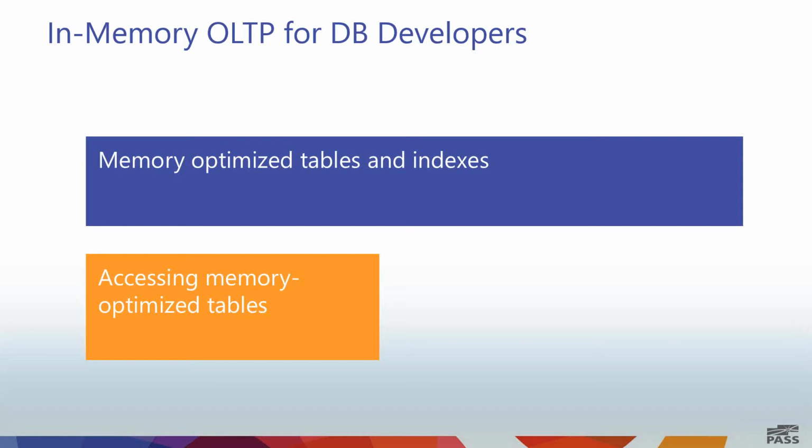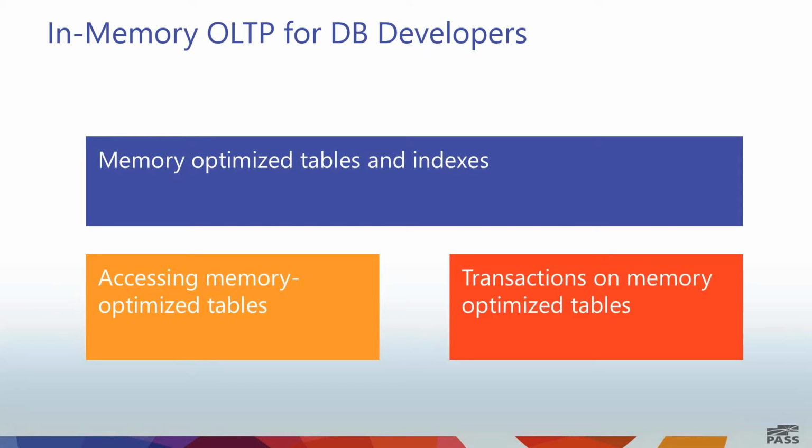or whether to use the traditional interpreted T-SQL access for accessing your memory optimized tables. And finally, in-memory OLTP was built with a large degree of concurrency in mind. And so when you think about concurrency, you think about concurrently running transactions in the system.